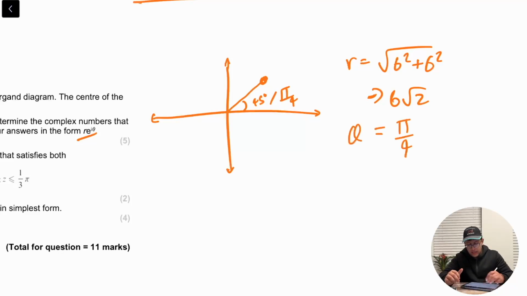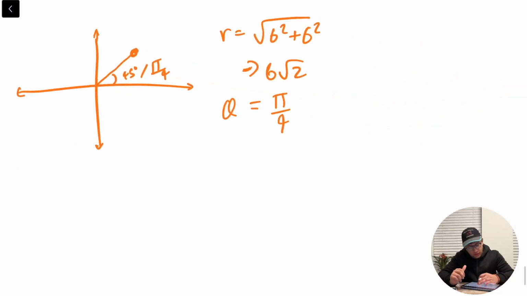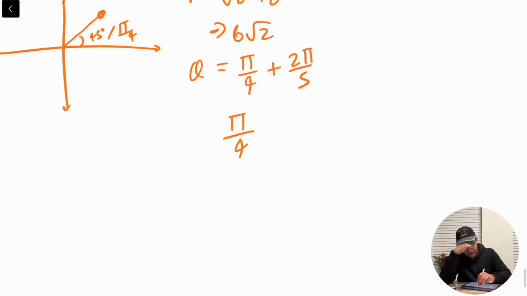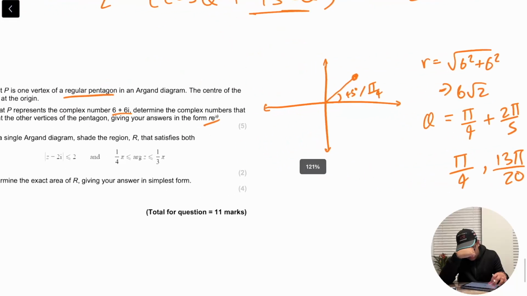And arg, or theta, let's call it, pi over 4. Because it's a regular pentagon, you split 2 pi into 5 equal segments, so you add 2 pi over 5 to get the next angles. This will give you pi over 4, and then the next vertices are 5 pi plus 8 pi over 20, so 13 pi over 20, and then you keep adding 8 pi over 20, so 21 pi over 20.